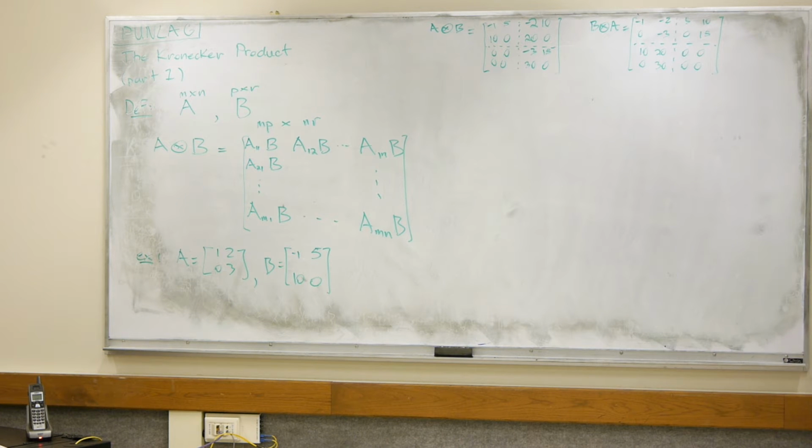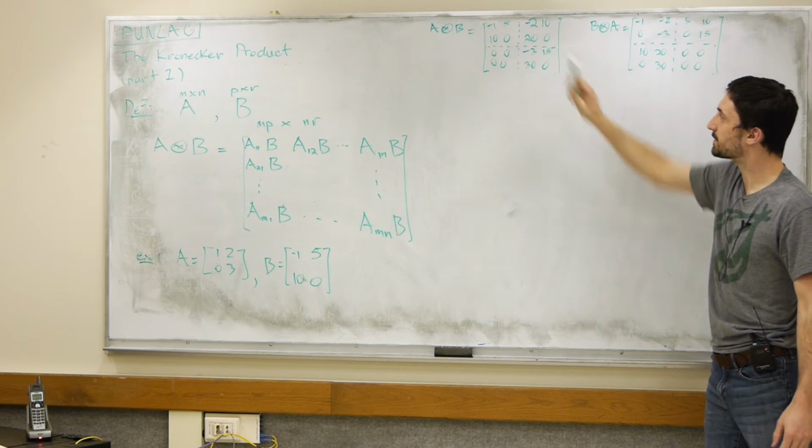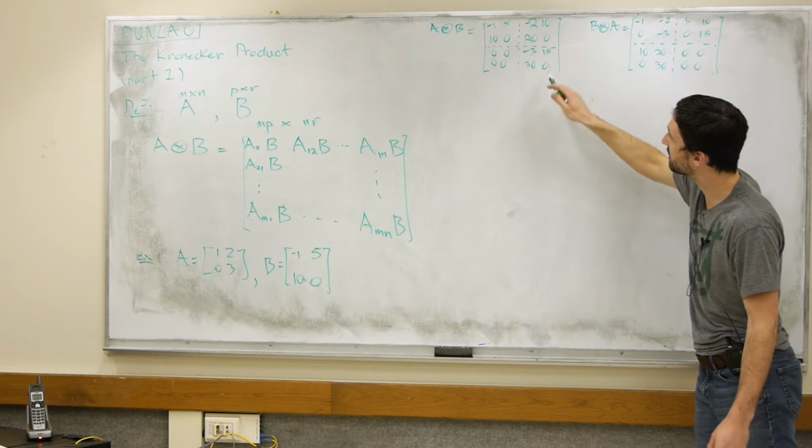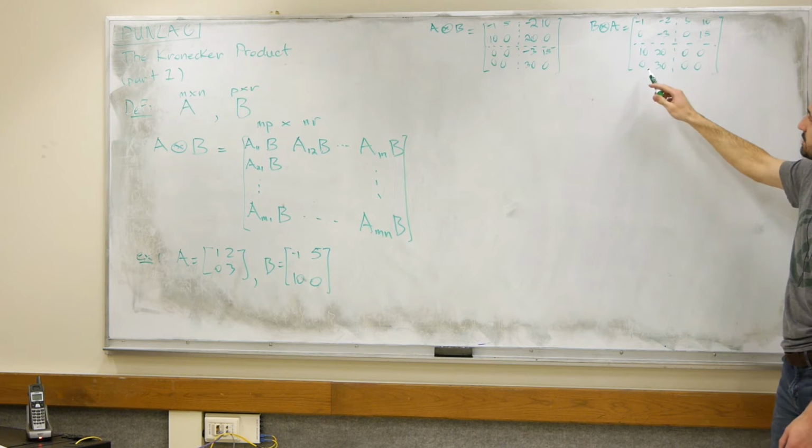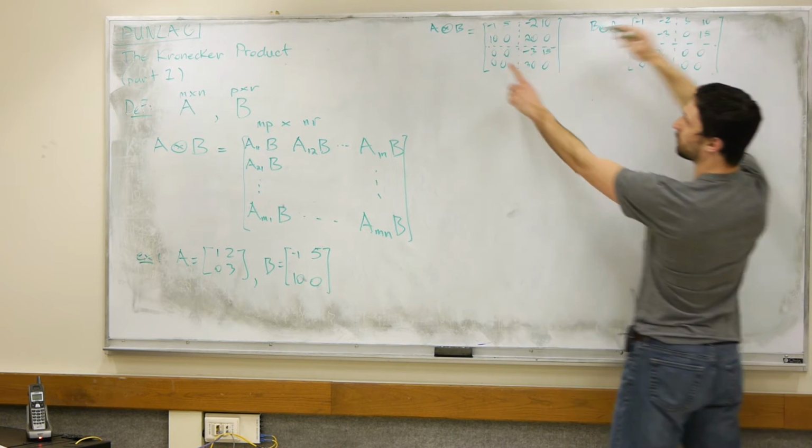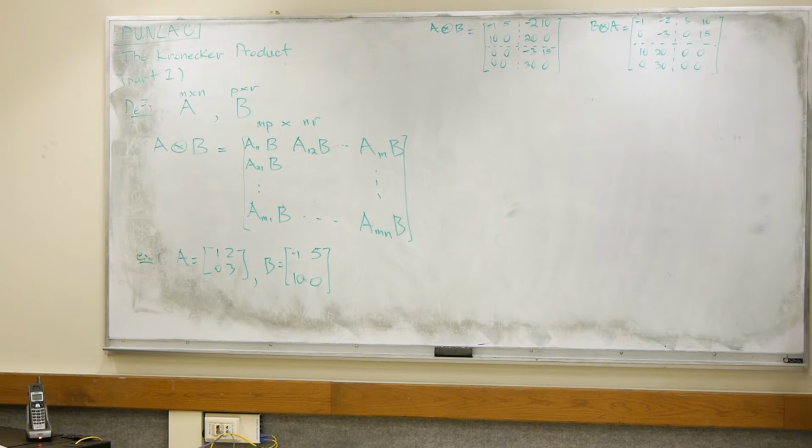But if you look a little closer, you see that all of the entries are basically the same, just in the wrong place. We've got a -3 in both matrices. We have exactly 7 zeros in both matrices. We have 2 10s in both matrices. So something is going on here.